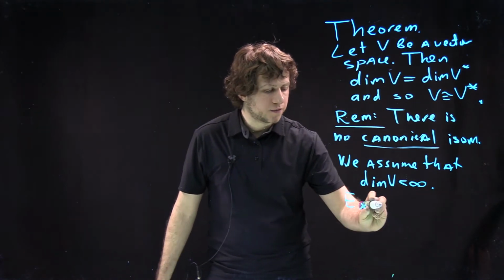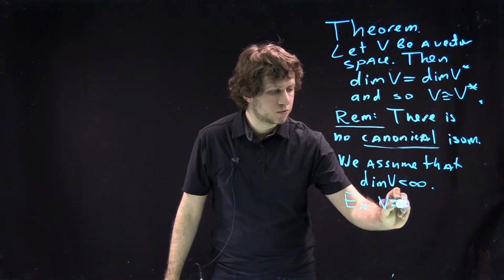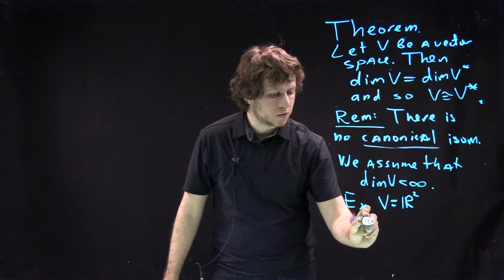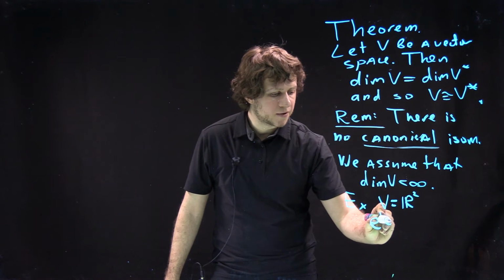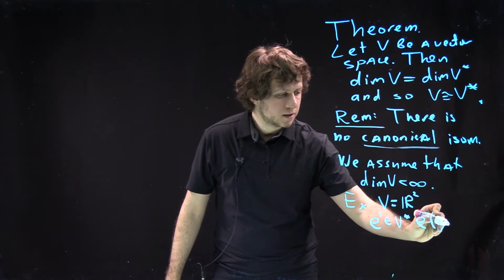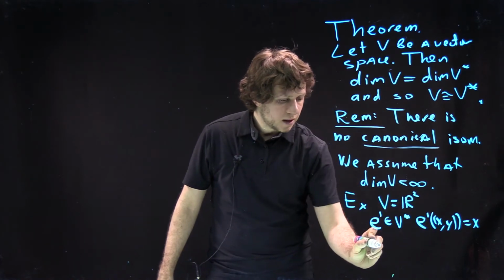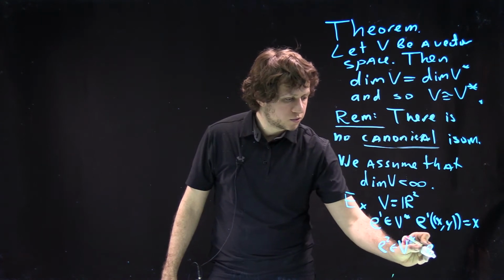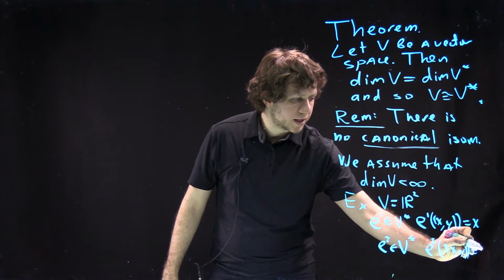So if you have V, which is just R2, I have the following maps. Let me denote e1, a map in V star, where e1 takes the vector (x, y) and sends it to the coordinate x. And e2 is a map in V star, where e2 of (x, y) sends it to the coordinate y.